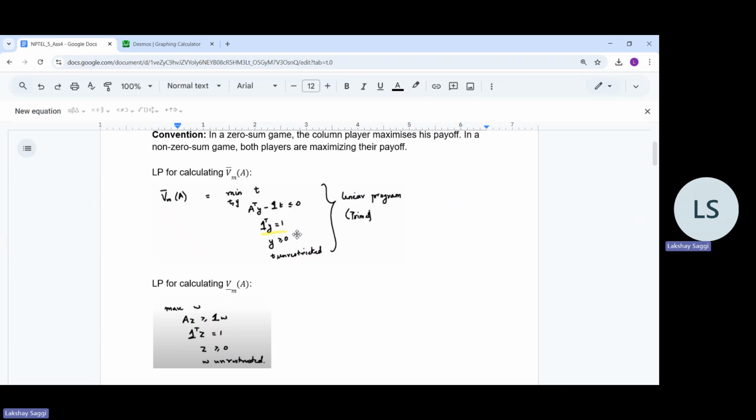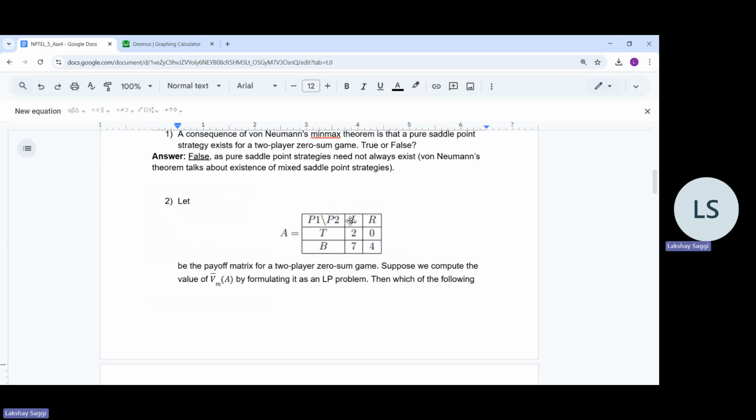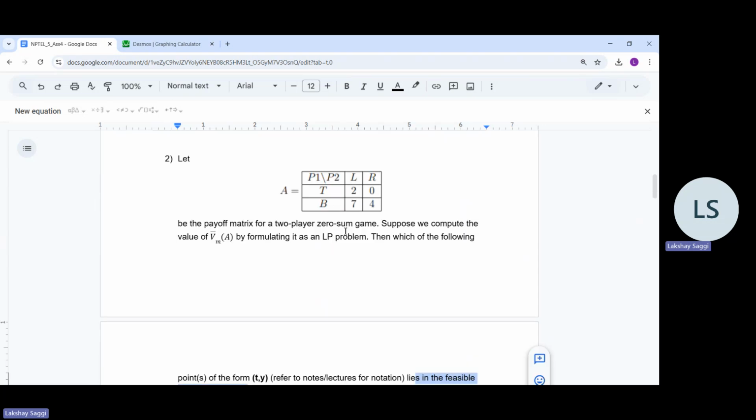Note that here t will be a single scalar value and y will consist of two values, a 2-dimensional vector. And why is that?